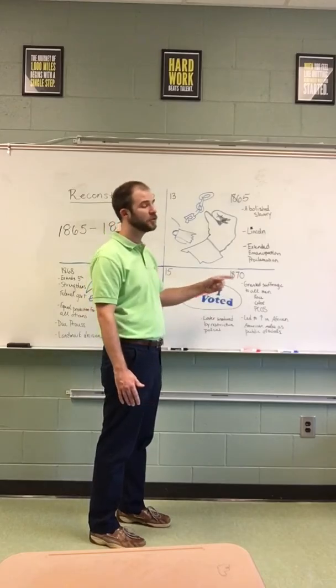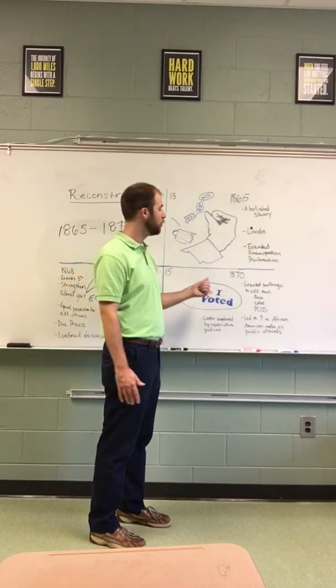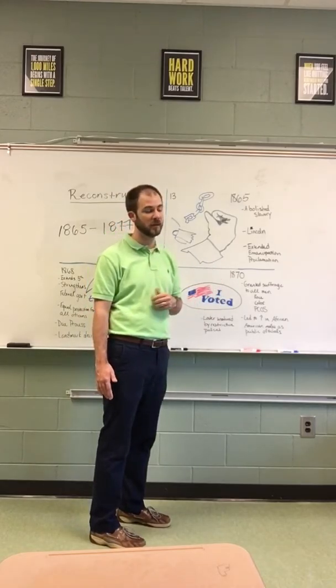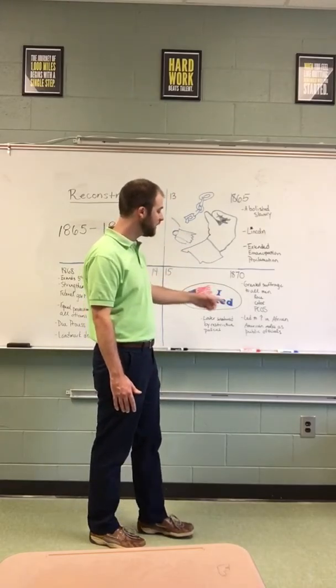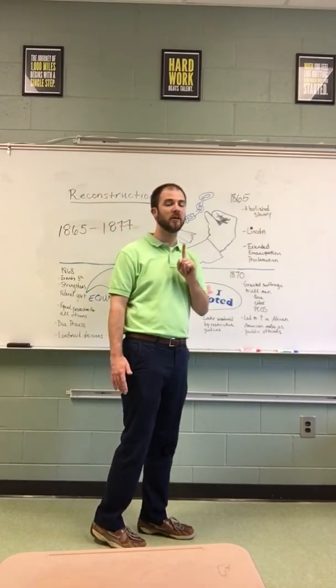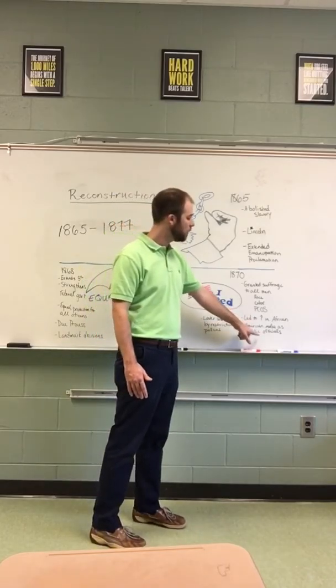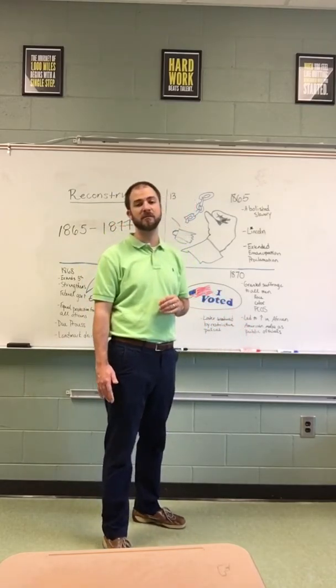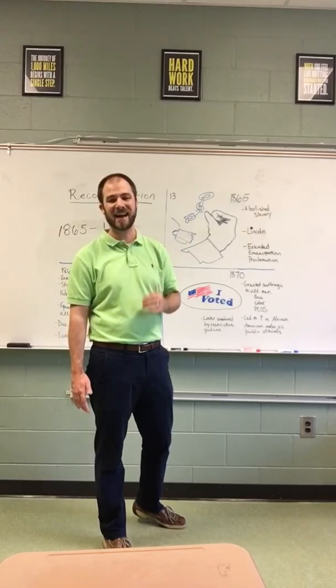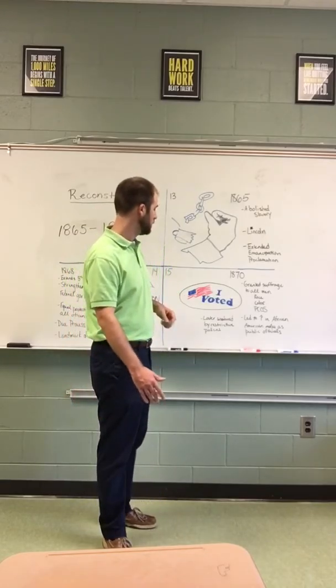So former slaves who were men were allowed to vote with the passage of the 15th Amendment in 1870. This led not only to greater voting rights for African American males, but also more opportunity for them to participate in the political process as actual elected officials.